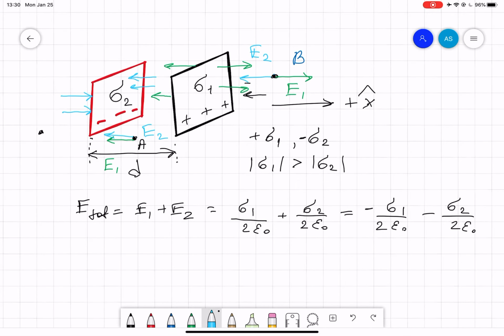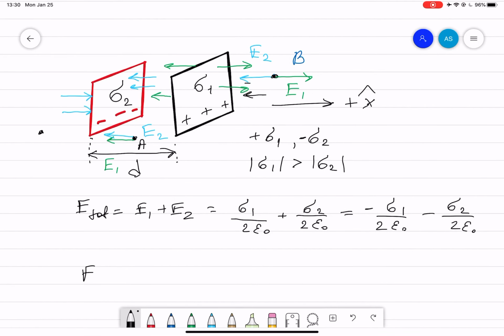So we have to find E total, which is E1 plus E2. You have to put the directions, it's very important. E1 is pointing to the positive side, so I put positive sigma 1 divided by 2 epsilon naught, and E2 is pointing to the negative, so I put negative sigma 2 divided by 2 epsilon naught.